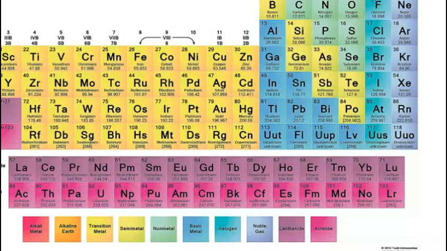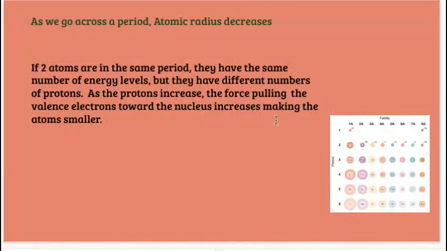So having 9 protons versus 3 protons, 9 protons can pull harder on the electrons because that's a positive 9 charge pulling on them versus a positive 3 charge pulling on the electrons, which are all about the same distance away. So a bigger charge in the nucleus can pull the electrons in more tightly. That makes a stronger force pulling on the electrons, and that will make the atom smaller.